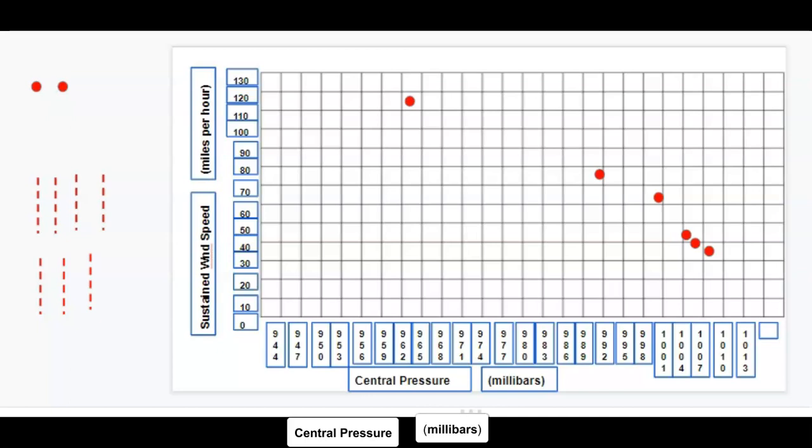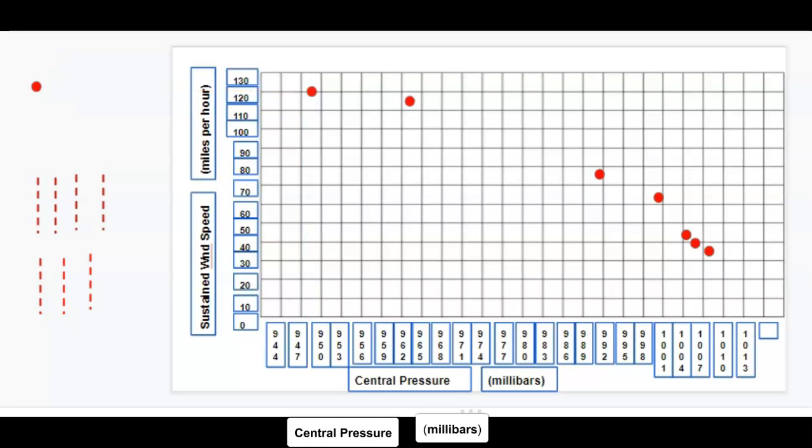Alright, our second to last point is 120 miles per hour, and that happened at 948 millibars. So there's 950. There's 947. 948 is going to be to the right of 947.